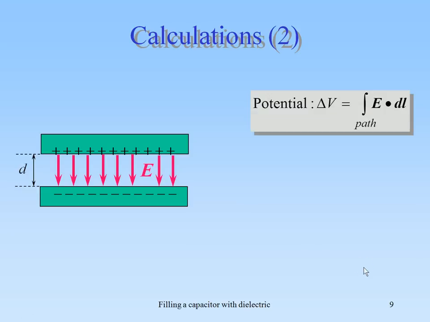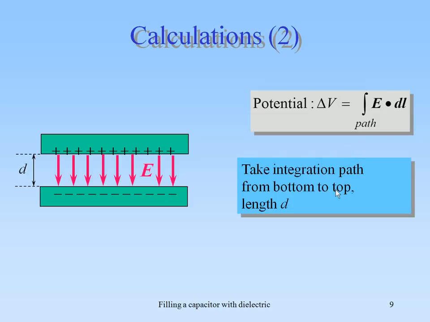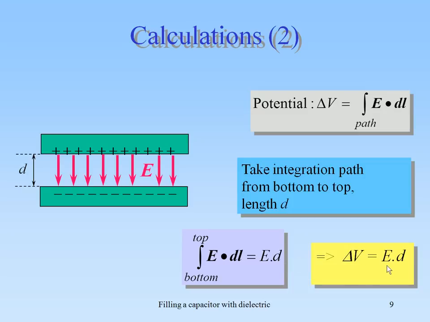Now for the electric field and the potential, here is the relation between the two. We take the integration path from bottom to top, the length is d, and it means that the integral from bottom to top is E times d, and it means that the potential difference is the electric field times the distance between the plates.